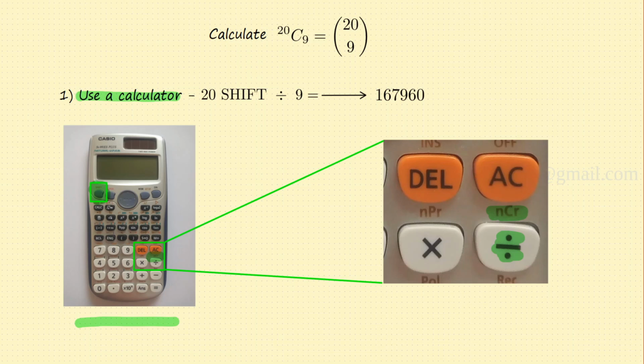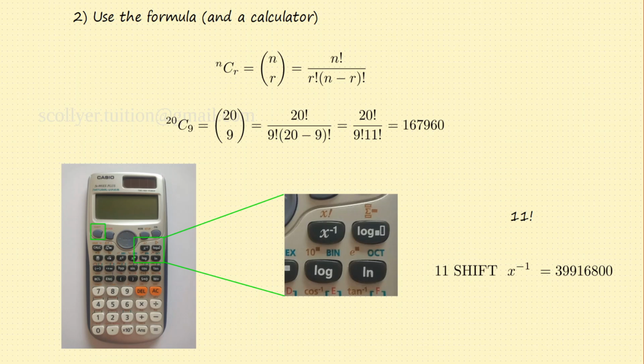So this sequence of keystrokes calculates 20C9: 20 shift divide 9 equals. And that produces the number 167,960.